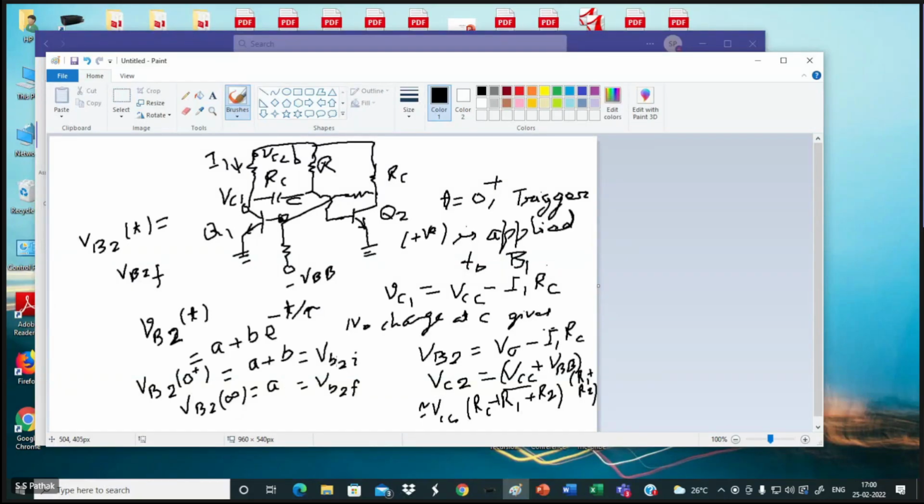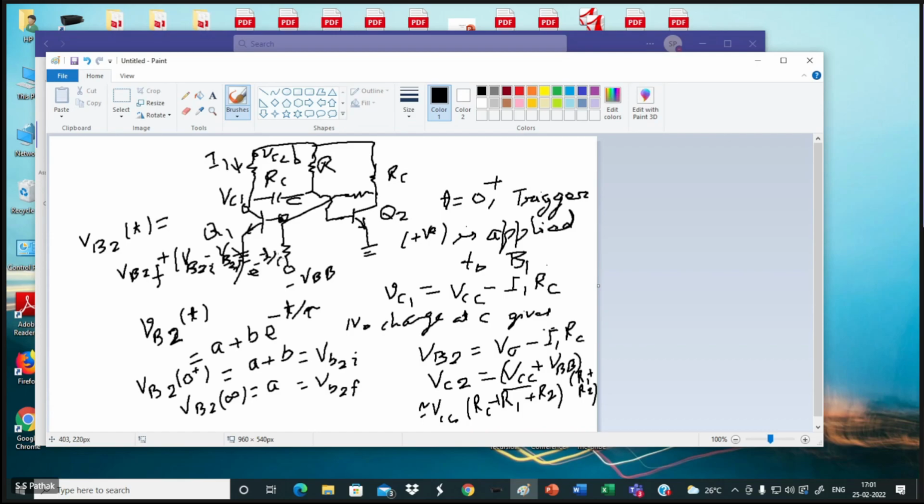So VB2I minus VB2F, into e to the power minus t by tau.